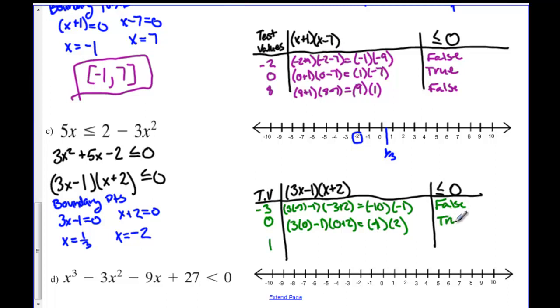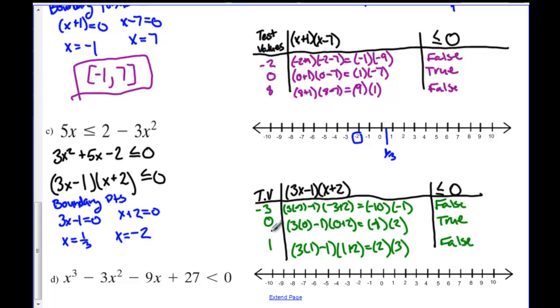True. All right, now we're going to plug in 1. So we have 3 times 1 minus 1, and 1 plus 2. So 3 times 1 is 3. 3 minus 1 is going to give us 2. And then 1 plus 2 is going to give us 3. Positive times a positive is a positive, and a positive is less than or equal to 0. False.